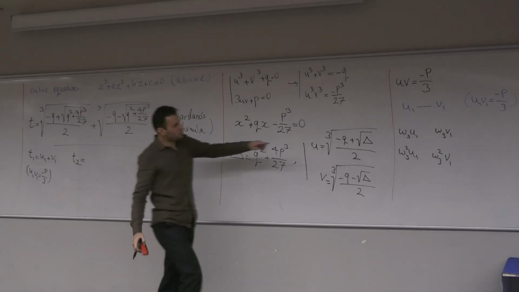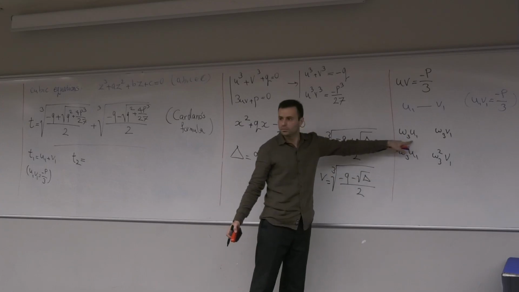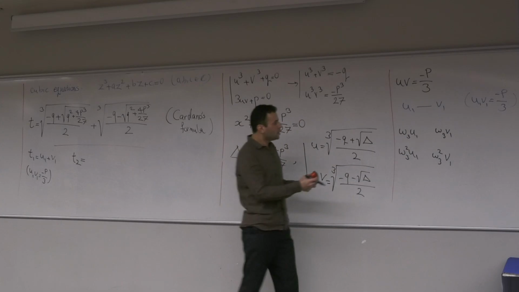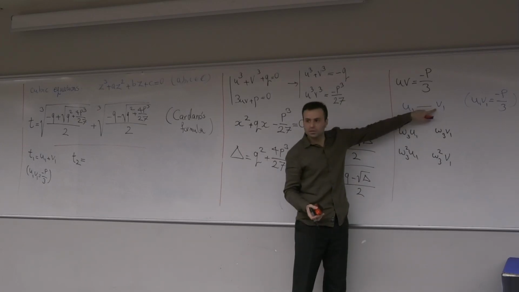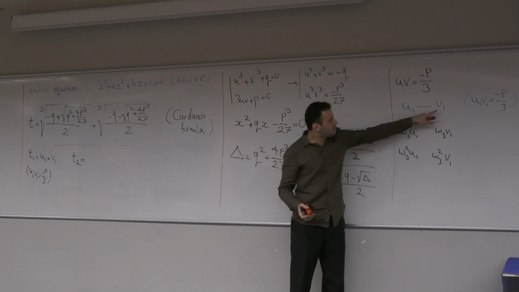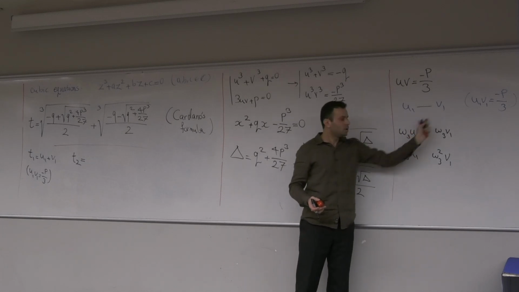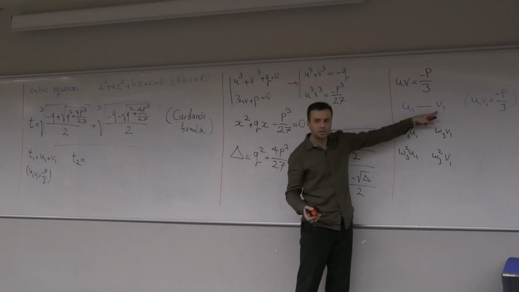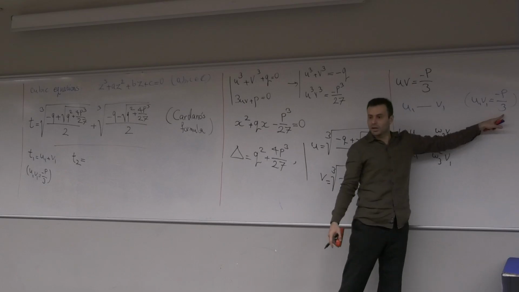If I select this one, w3 u1, as the root of this number as the value of u, which one of them should I select for v? Can I select this v1? If I select this v1, what is the multiplication of this one and this one? It is going to be w3, or omega 3, times u1 v1, which is going to be omega 3 times minus p divided by 3.